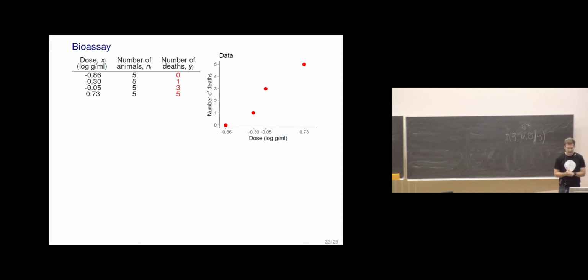This data is from an experiment where, when there are chemicals and a manufacturer wants to sell that chemical in Europe, they need to check whether it's hazardous, and if it's hazardous they need to find out how hazardous.